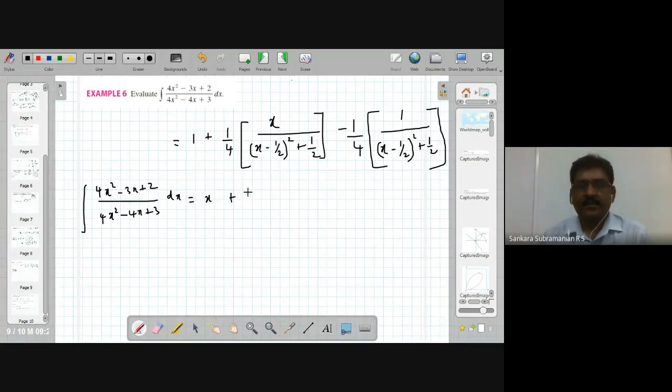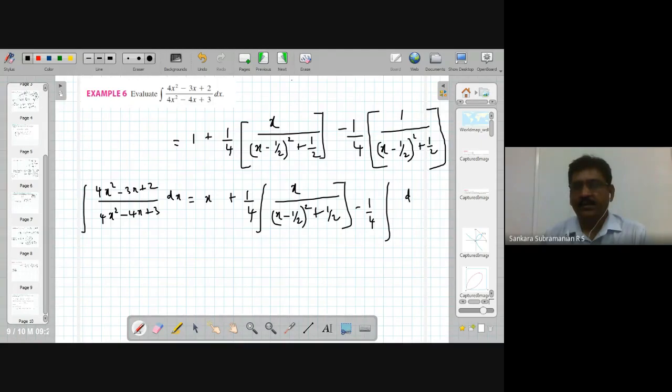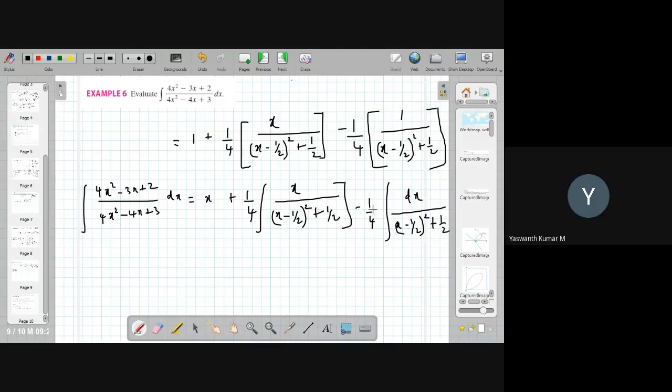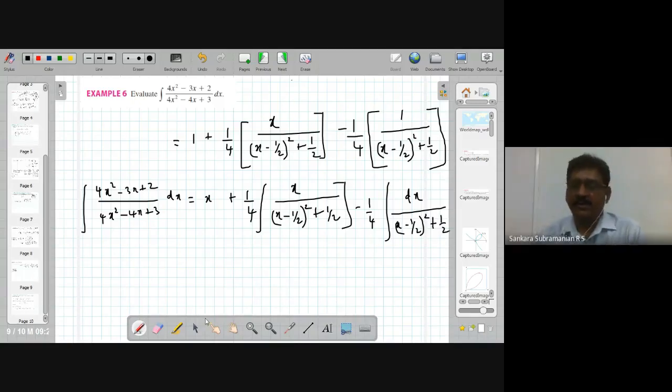This is 1 by 4 times of இந்த இடத்தை எப்படி integrate பண்றதுப்பா? Integral of x by x minus 1 by 2 the whole square plus 1 by 2, இங்க வந்து minus 1 by 4 integral of dx by x minus 1 by 2 the whole square plus 1 by root 2 whole square போட்டுக்கலாம், 1 by 8.